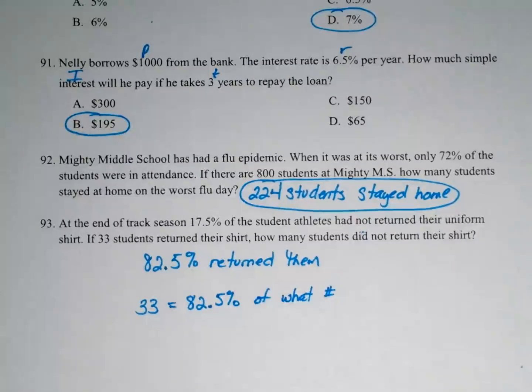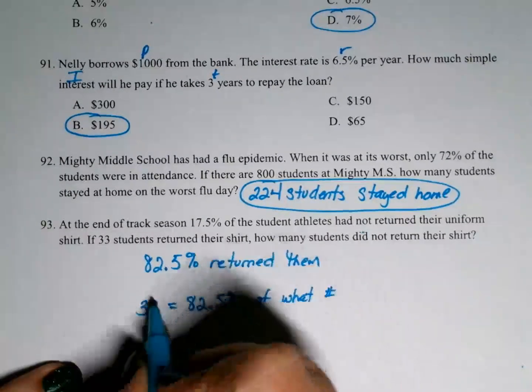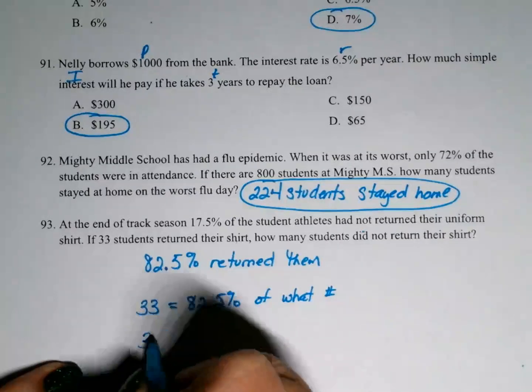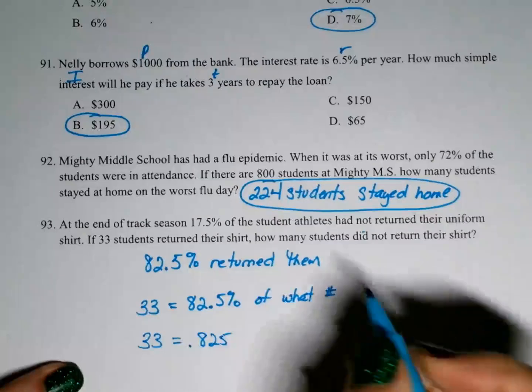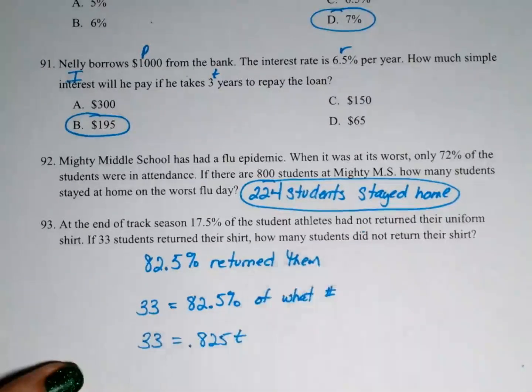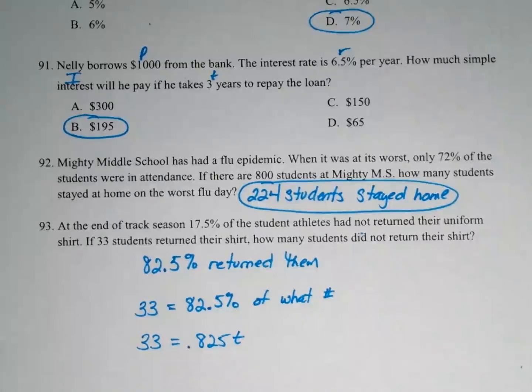Okay, I'm going to know how many total kids were on the team, right? So let's rewrite this. So this is 33 equals 0.825 of the team, right?